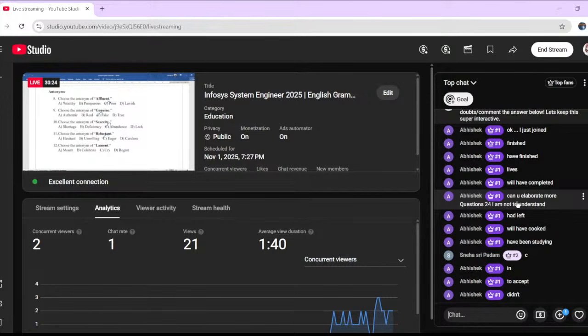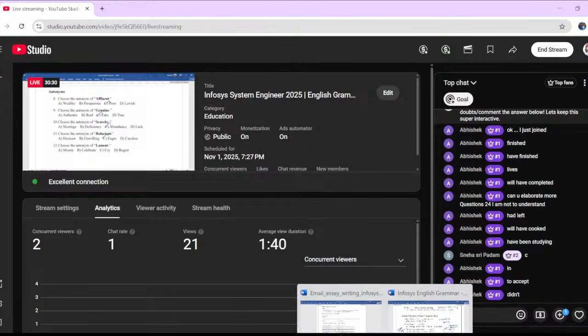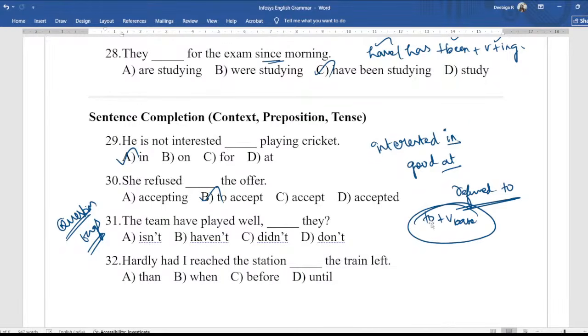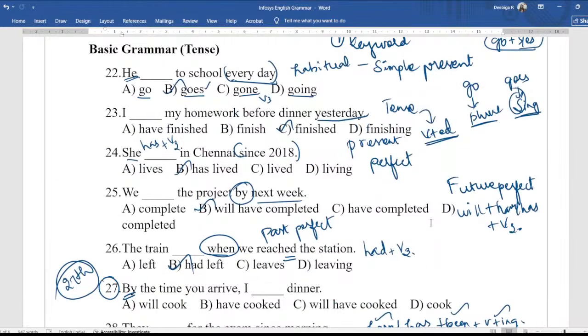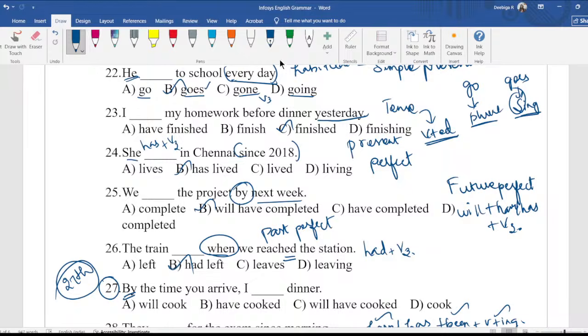Okay, you're asking to elaborate question number 24. Okay, let me elaborate and let me see if your answers are correct. Okay. She dash in Chennai since 2018. So you can see, first I told you, you have to go for, let me just erase because this is too much. Let me just erase.